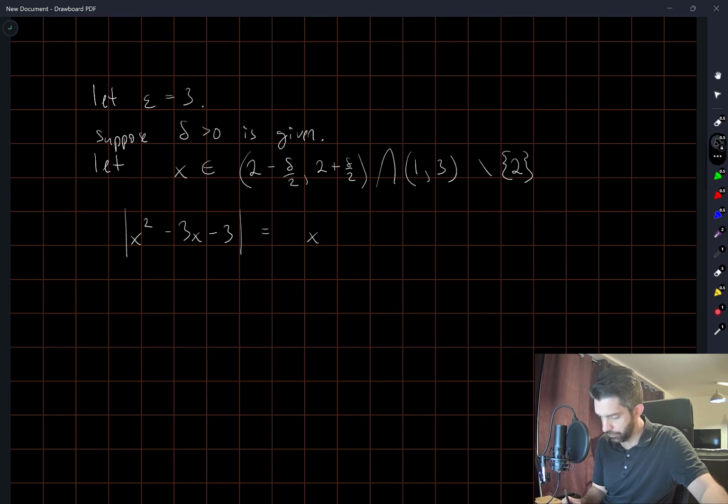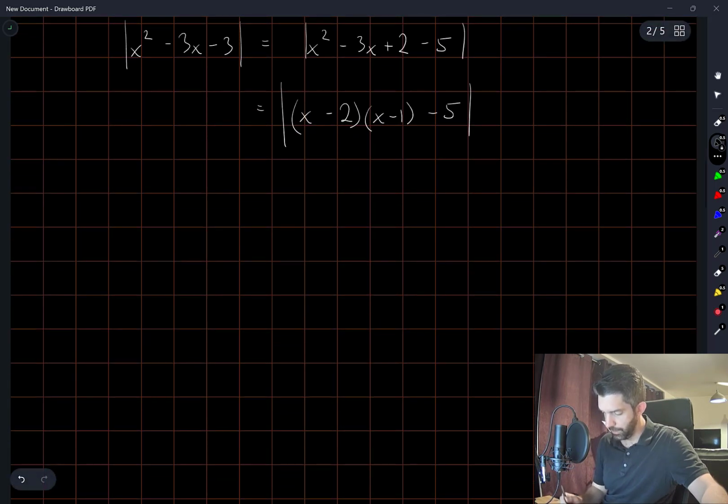This is equal to x squared minus 3x plus 2 minus 5, which is x minus 2 times x minus 1 minus 5. I can write this as 5 minus x minus 2 times x minus 1.